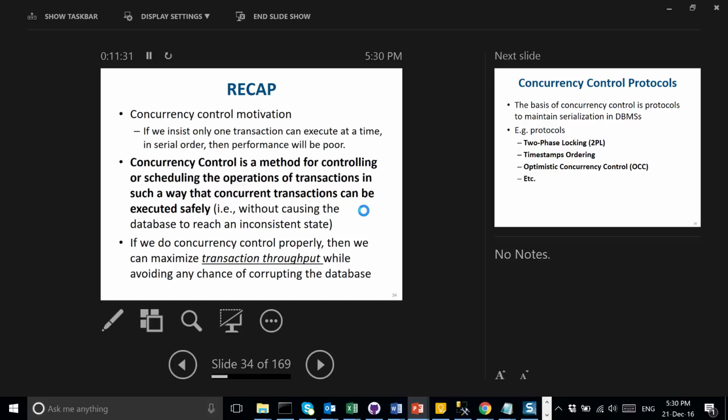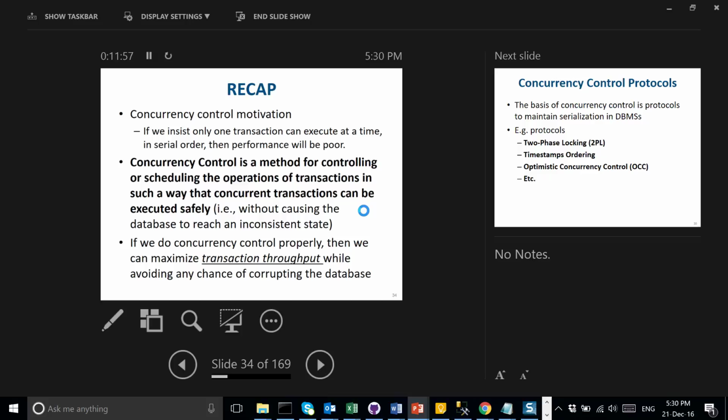The goal is that we don't want to go back to a single user database. That's not an option, because single user means the other users have to wait. The performance and the throughput will be very, very slow, and everybody will be waiting one at a time. That's not an option. So we want to have concurrent executions without anomalies.